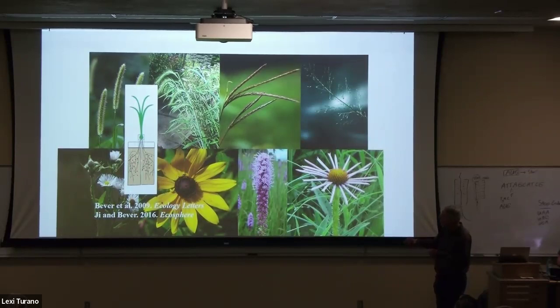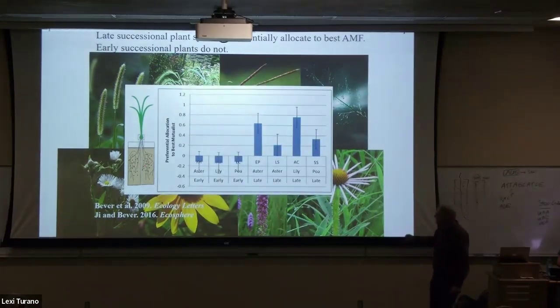And what I'm going to show you is the ability of the plants to preferentially allocate to the most beneficial fungus as a function of plant life history, from these earlier successional native prairie plants to the later successional native prairie plants. And so here, this is Rudbeckia hirta, Tradescantia ohioensis, Elymus canadensis, early successional prairie plants, Echinacea pallida, Liatris spicata, Allium cernuum, and little bluestem here.